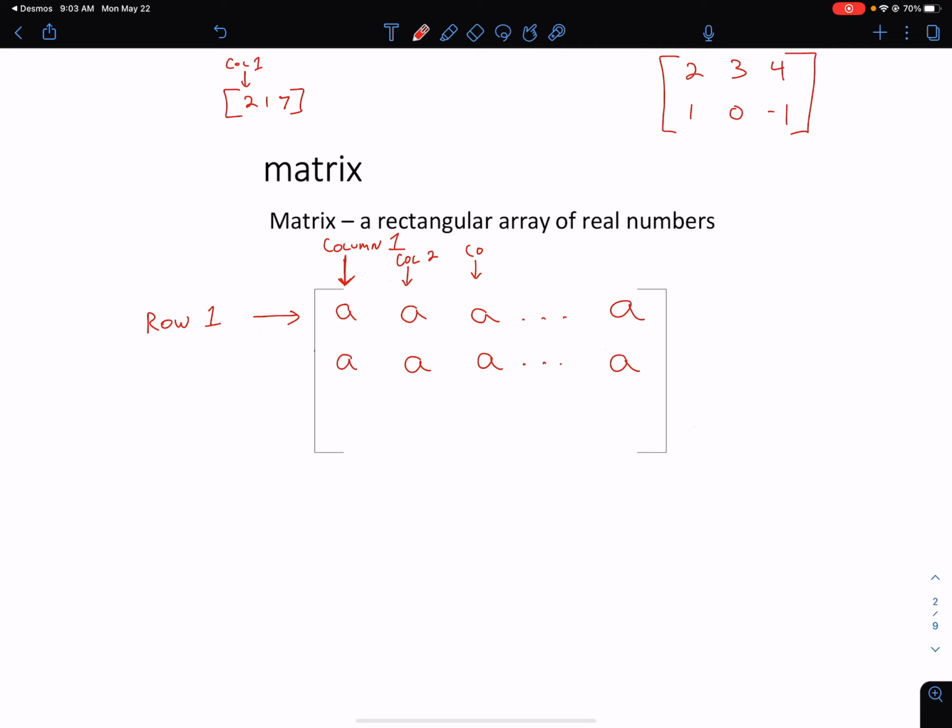This would be column 3. Now, how do I remember columns? I think of columns that support a building, right? They go up and down like this. So here's the ground, here's your building, and up top it's got columns that support it. So columns go vertical like that. That's how I remember the columns go up and down. Rows go across. So this would be row 2.